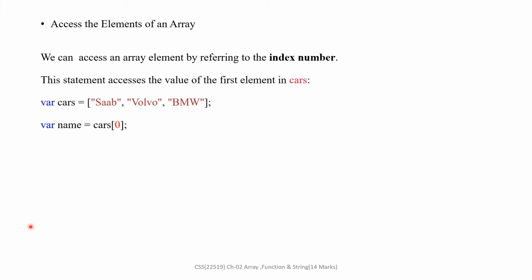In this example, cars is an array name, var is a keyword, and Saab, Volvo, BMW are the array elements. Where name is equal to cars of 0. Now we are accessing the particular array element by referring to the particular index number, and our particular index number is 0.